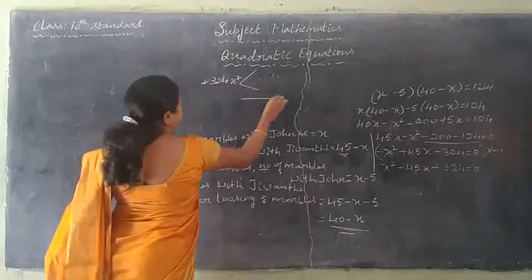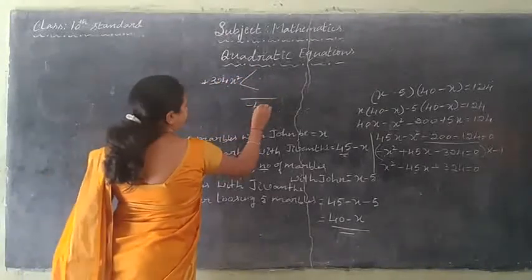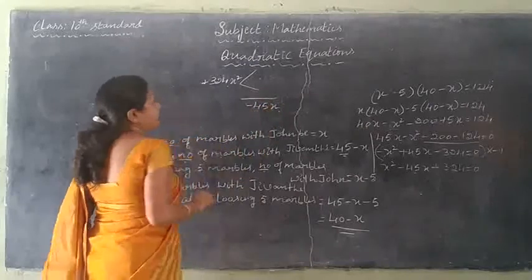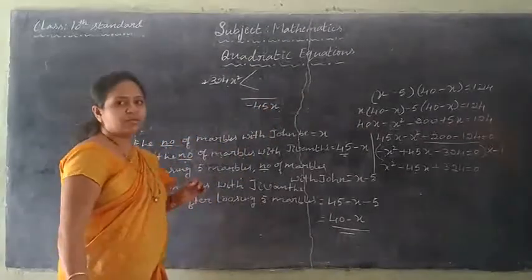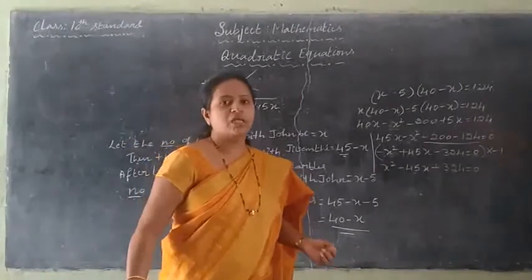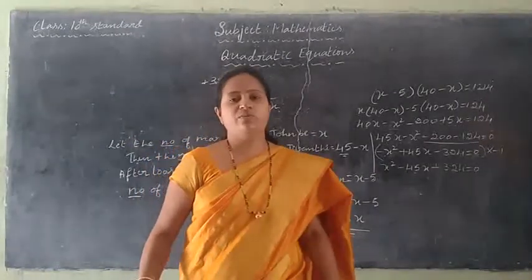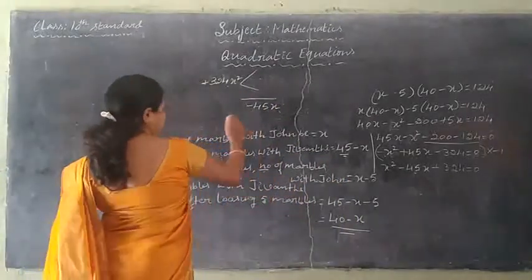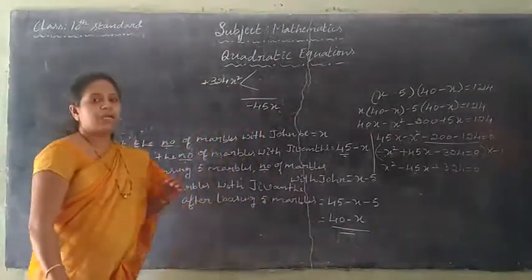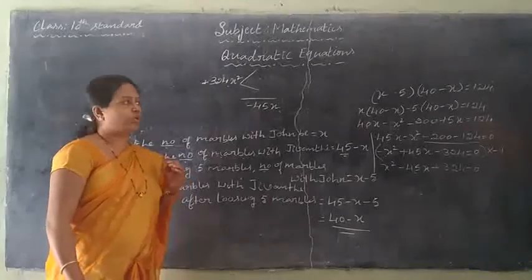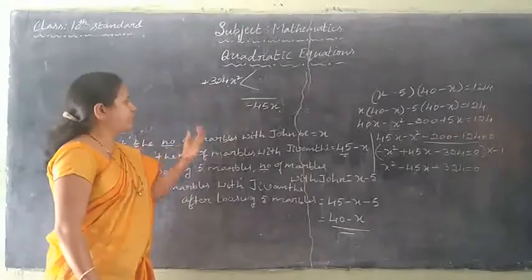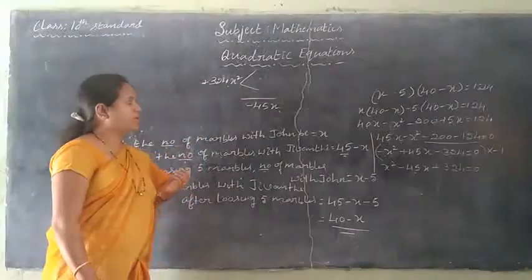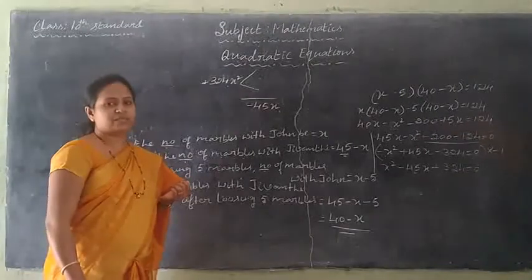What is the middle term, children? That is minus 45x. Understood? You have to multiply the first and the last term. When you multiply, you are going to get 324x square. Got it? Now, the middle term is minus 45x, children. Now, you need two numbers. When you multiply, you should get 324, and when you add or subtract, you should get minus 45x.